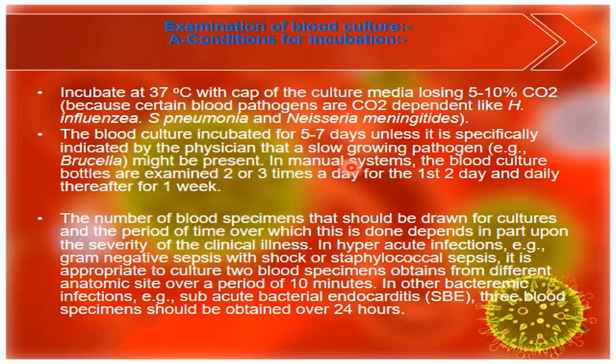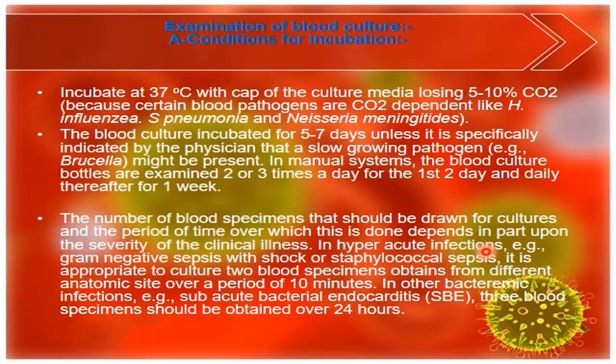Okay. In the manual system, the blood culture bottles are examined 2 to 3 times daily for the first two days, thereafter daily for a week. The number of blood specimens that should be drawn for culture, and the time over which it is done, depends in part upon the severity of the clinical illness.